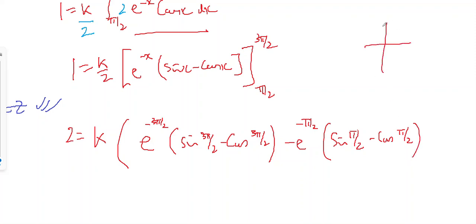Now, here's pi on 2. The coordinate there is 0 and 1. So the cos of that is going to be 0, and the sine of 3 pi on 2, so we're down here, is going to be negative 1. And the sine of pi on 2 is going to be 1, and the cos is going to be 0.